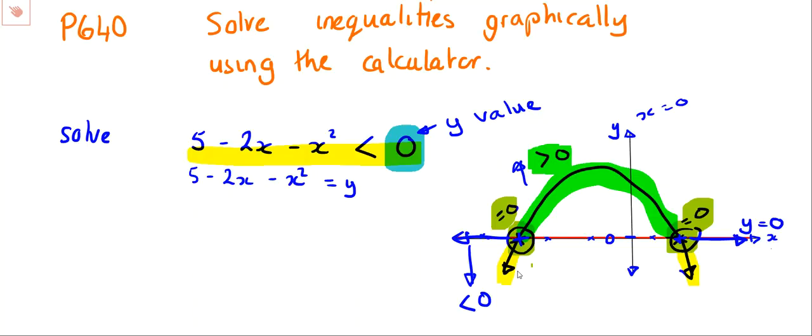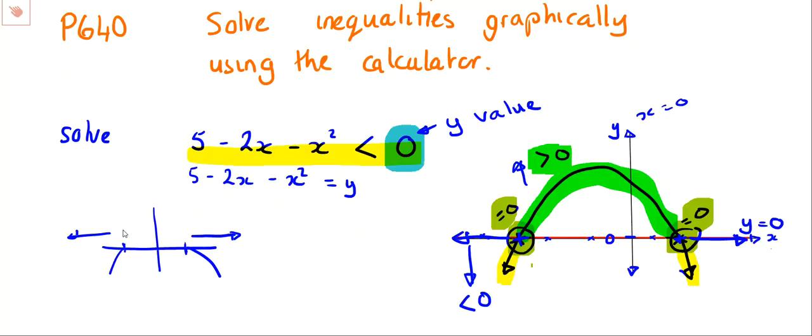Does that make sense? So just to do a little sketch just for myself. From this point and this point, I need x values that go that way and go that way, because from there my curve goes under the line. So what are the 2 important points that I still need to find?